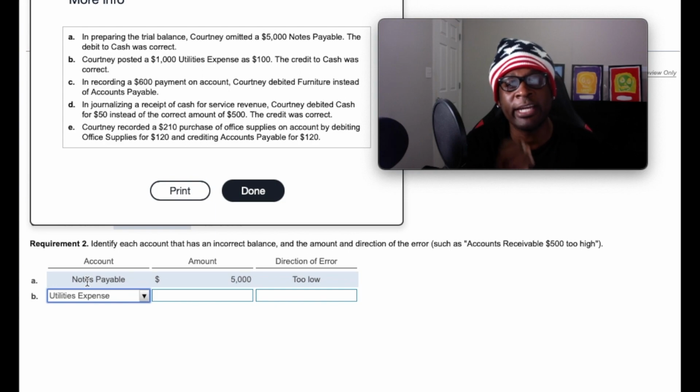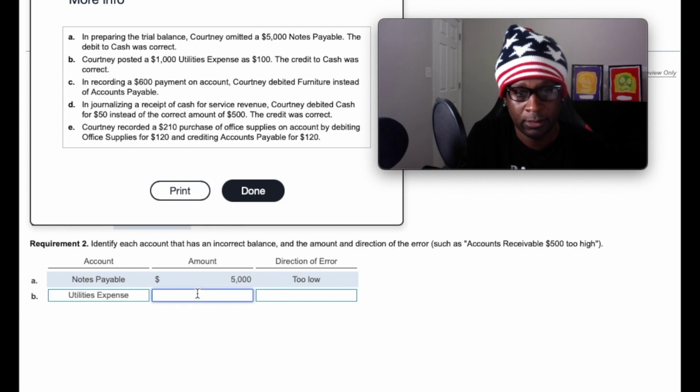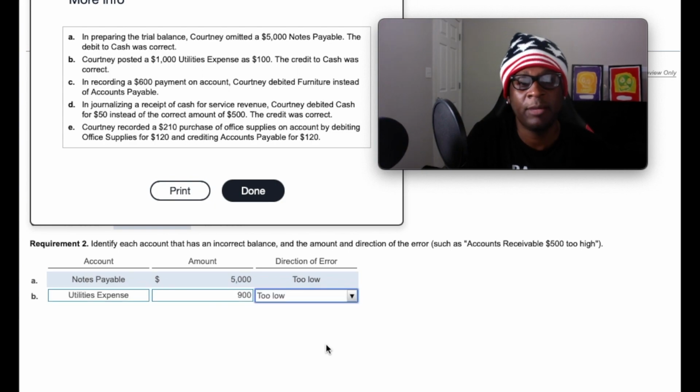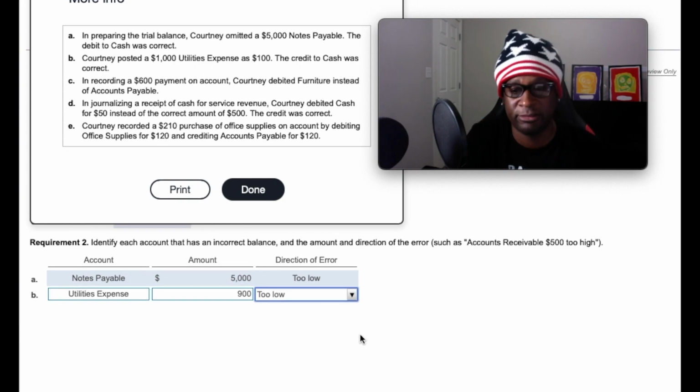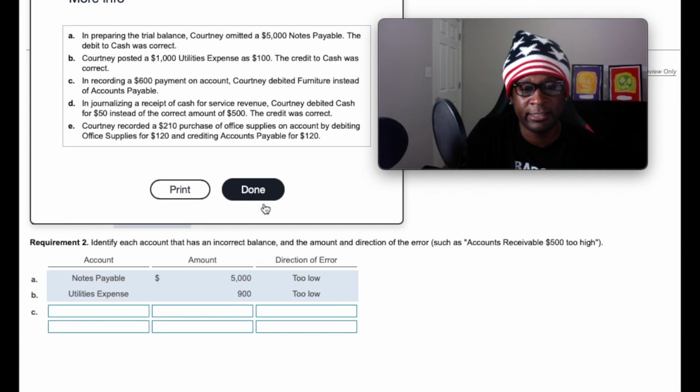Because it was a correct debit, meaning that we were supposed to increase utilities expense, our utilities expense is currently understated by $100. And because we failed to debit our utilities expense, i.e. increase it, our current balance is too low. Check the answer. Excellent, gang.